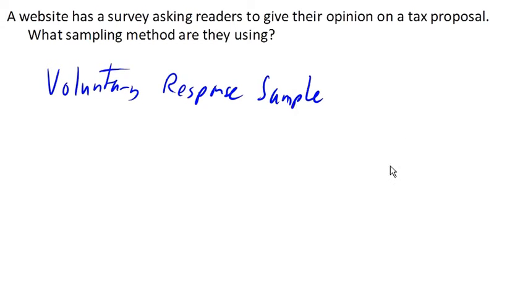The real key here is that the sample is volunteering to be part of the study. What tends to happen is that it's skewed towards people who either have a really strong opinion on the matter, or just have way too much time on their hands and enjoy filling out surveys. So this, again, tends to be a bad method for choosing a sample.